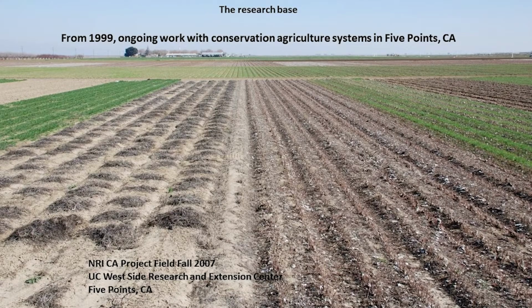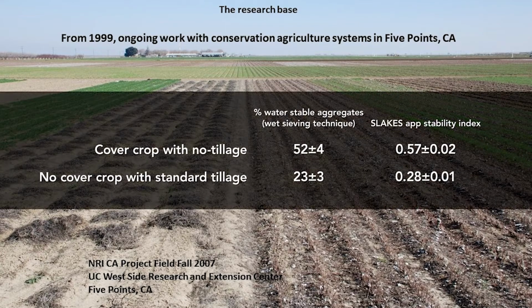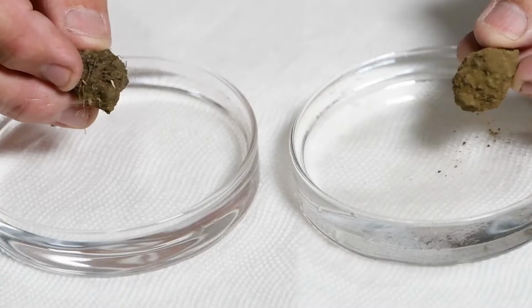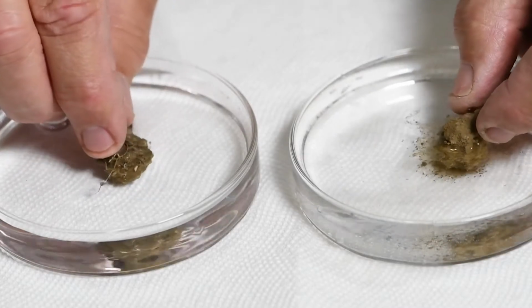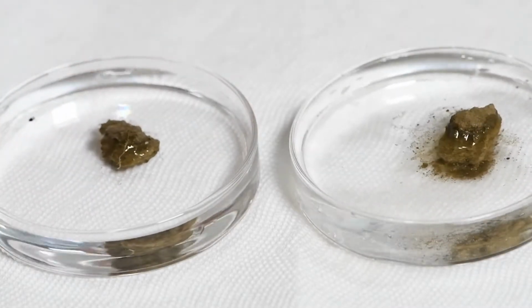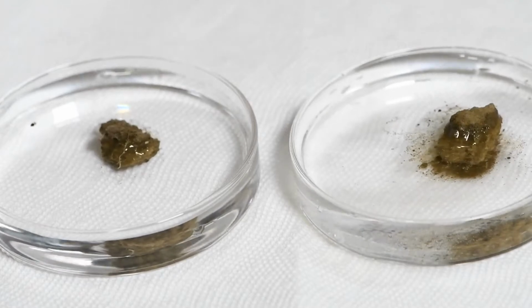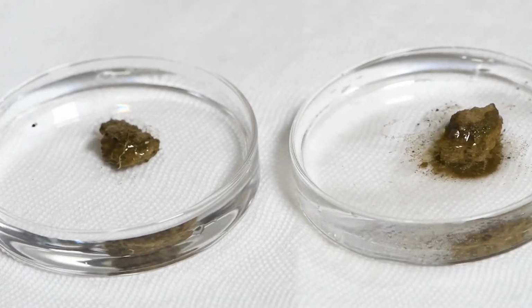A unique 2-decade-long study that included 12 years of cotton cropping in Five Points, California, found that aggregate stability, measured by wet sieving and the Slakes mobile phone app, was more than double in fields that were managed with cover crops and no tillage than fields with neither of these soil health practices. Aggregate stability in the cover crop and no-till managed system on the left is now dramatically different from the conventional tillage without cover crop system on the right.